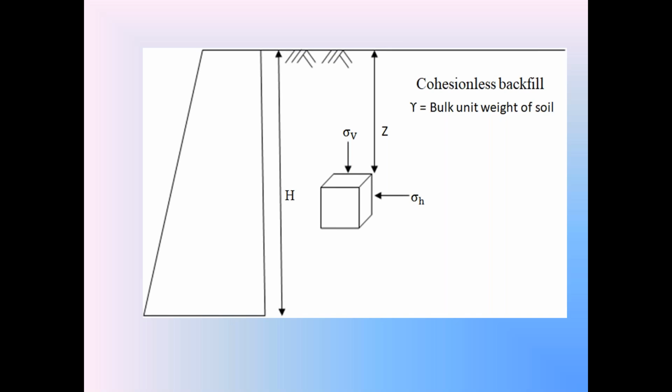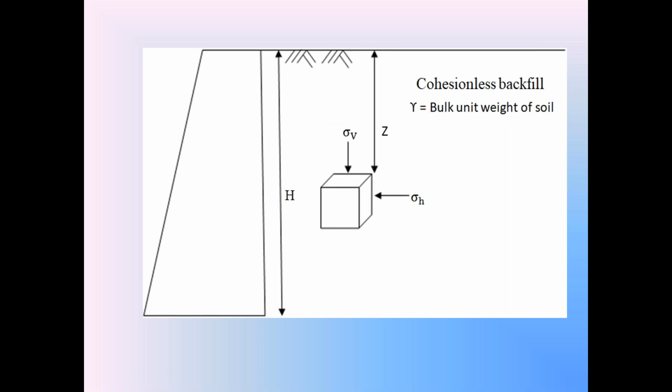Now we are coming to the active condition. In the active condition, the retaining wall is moving away from the backfill. When the retaining wall is moving away from the backfill, the vertical stress remains constant. No change in the vertical stress. But the backfill is subjected to horizontal stretching.